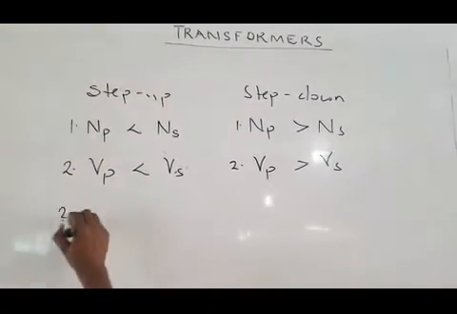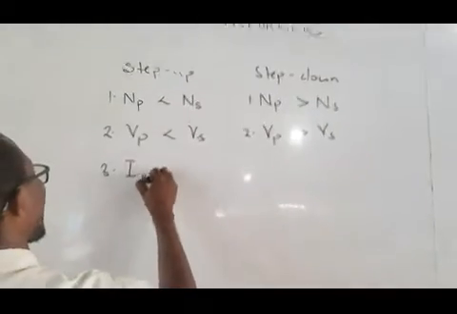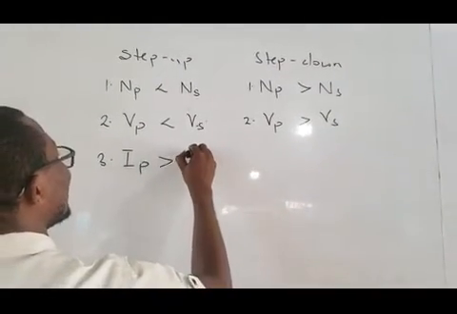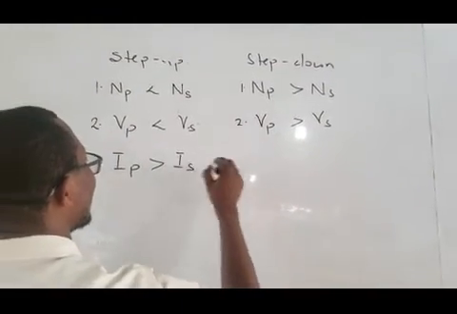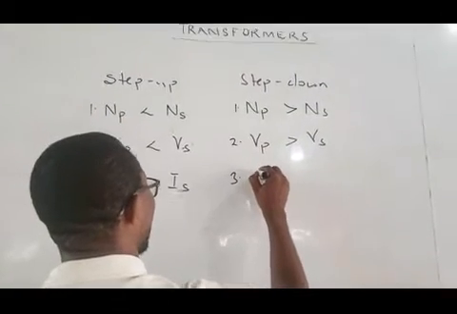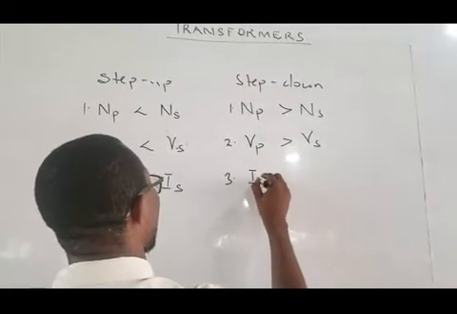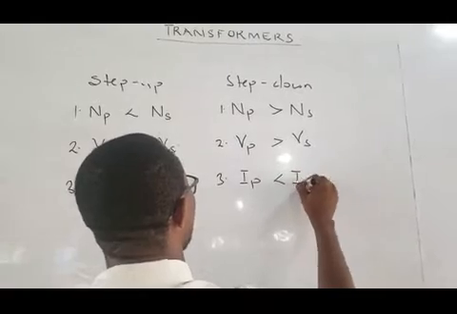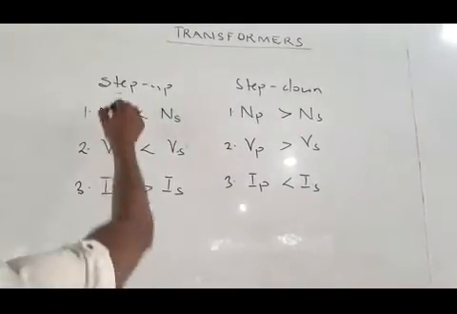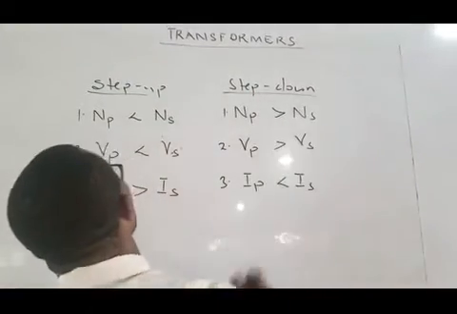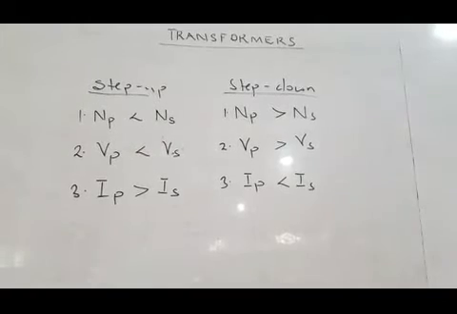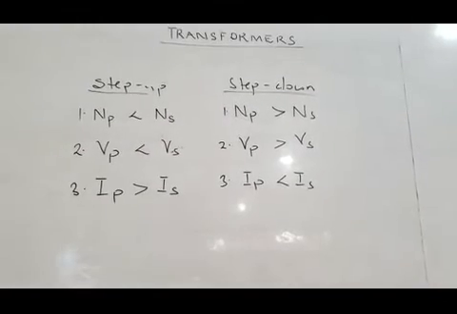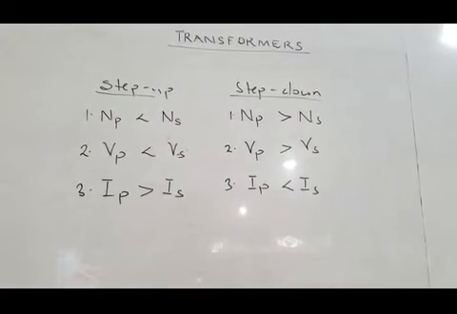And in terms of current, the primary current here is greater than the secondary current. And over here, the primary current is less than the secondary current. So these are the properties we came across under the two types of transformers, step-up transformer and then the step-down transformer.